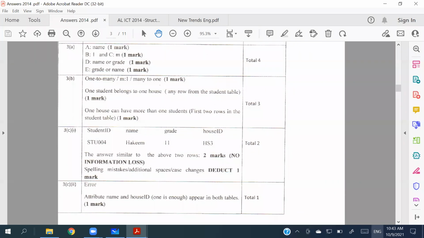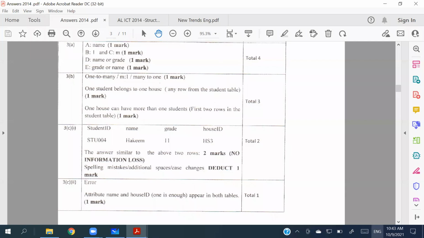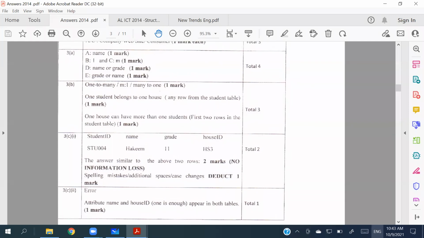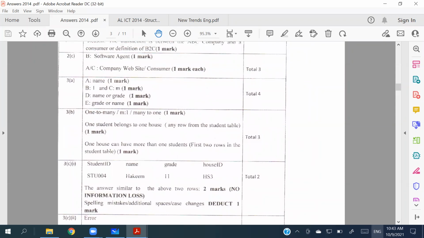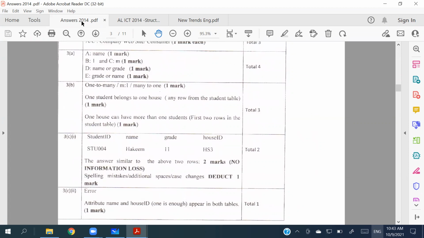For the third part, C2, only 1 mark, C1, 2 marks. Then A part 4 marks, B part 3 marks. That is how 10 is being calculated. So see how many out of 10 you got.